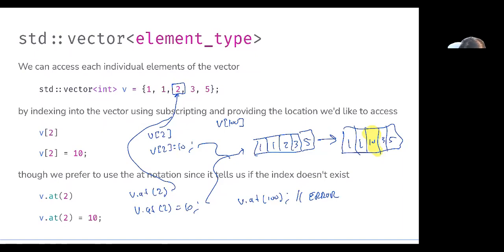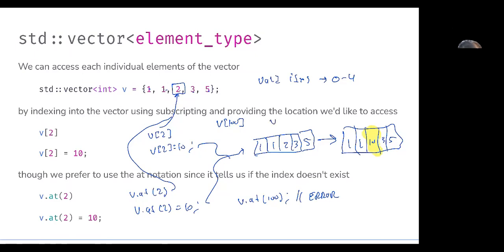So right here we have valid indexes of 0, 1, 2, 3, 4. A lot of times we'll forget that it's zero-indexed, and this could be a consequence of how we're writing a conditional on a loop as we're iterating through this collection.